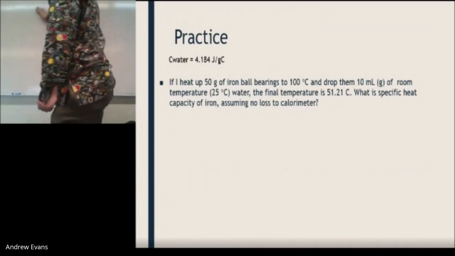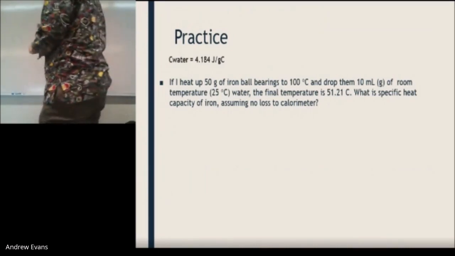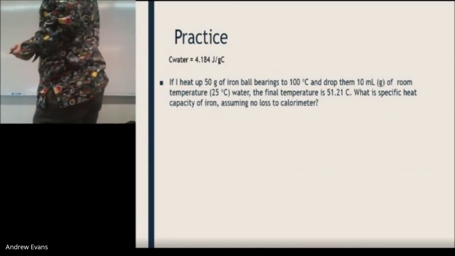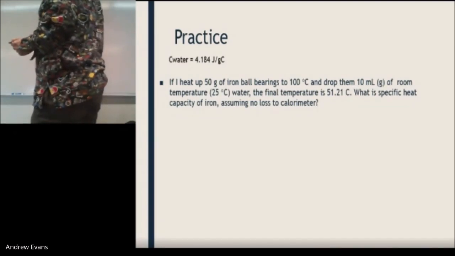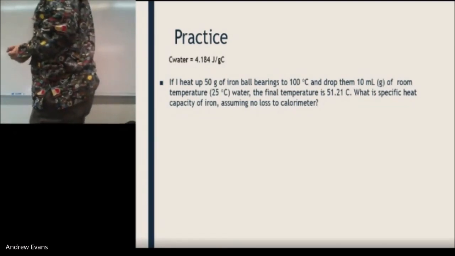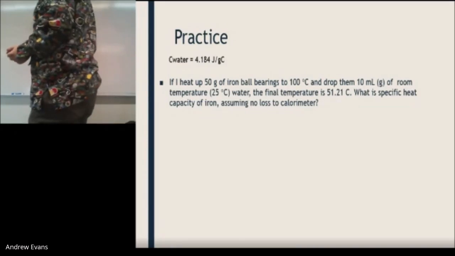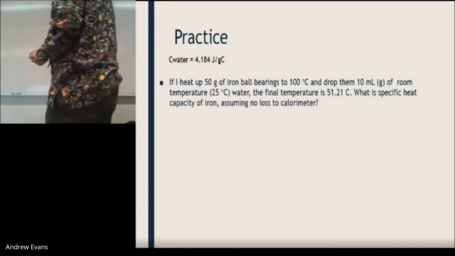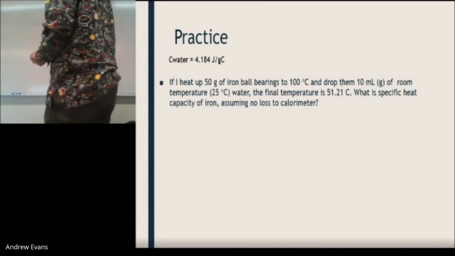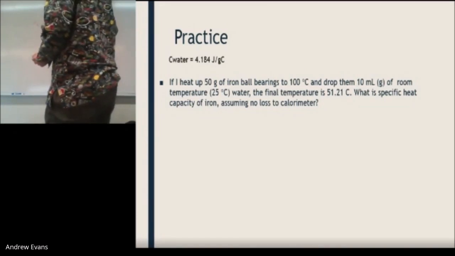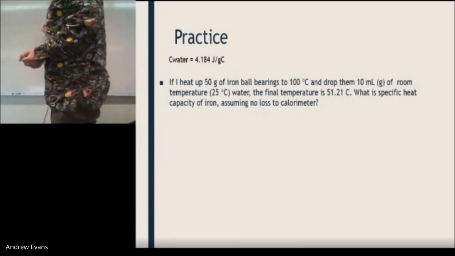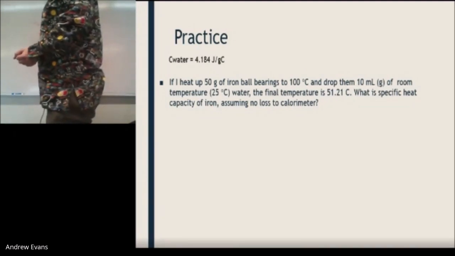So we're going to set that the Q of the water equals negative Q of the iron. So negative mass of iron times specific heat of iron times delta T of iron equals mass of water, C of water, delta T of water. Let's write down all we know before I flip it over. We have mass of iron, it's 50.